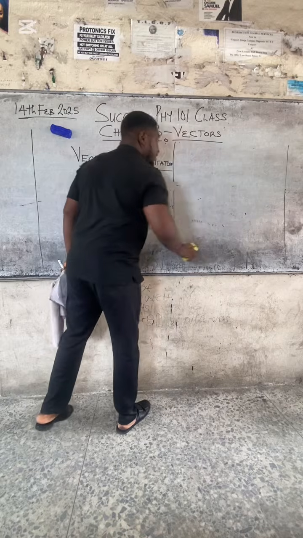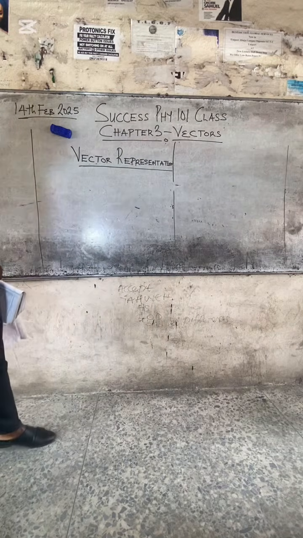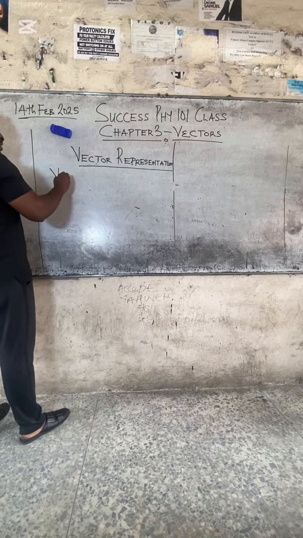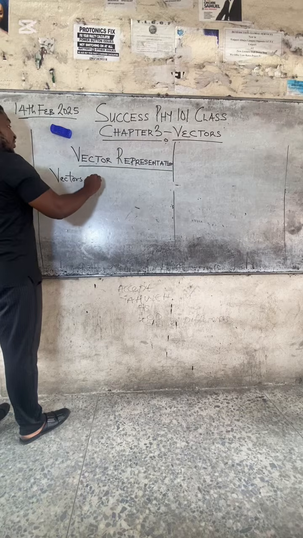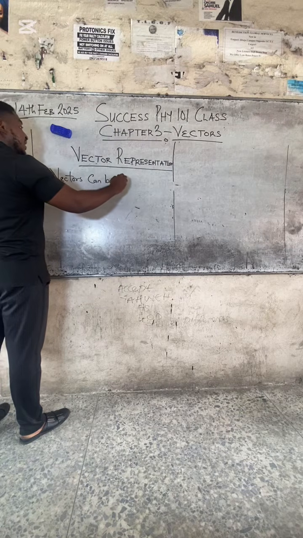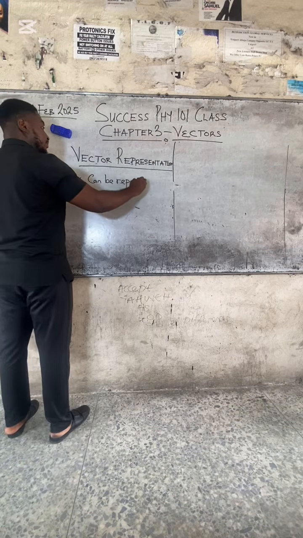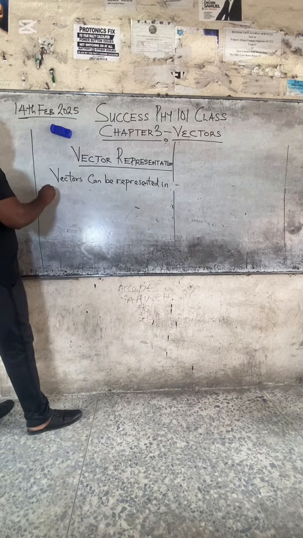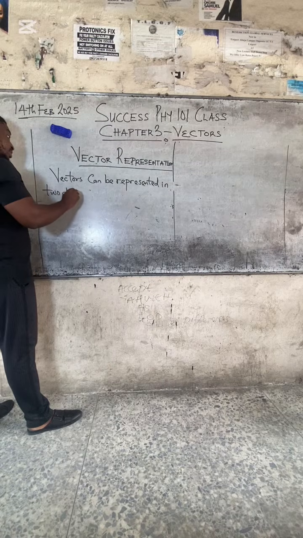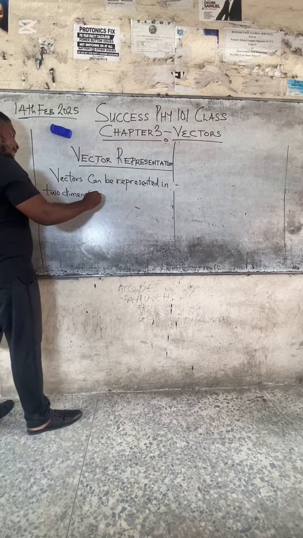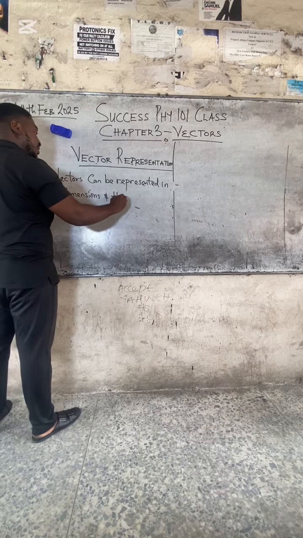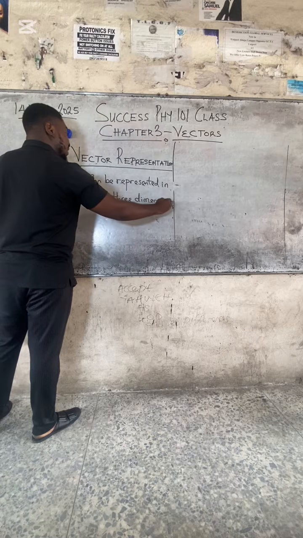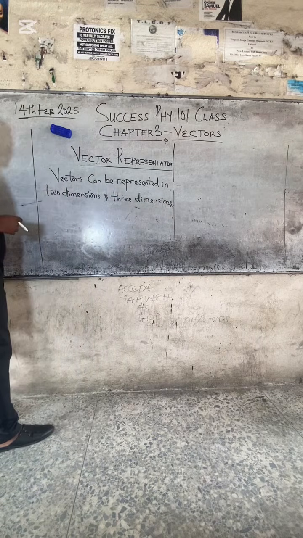Class, write down: vectors can be represented in 2 dimensions and 3 dimensions.